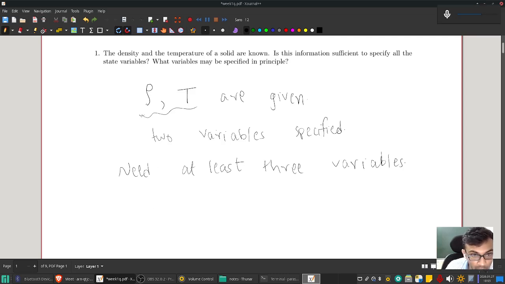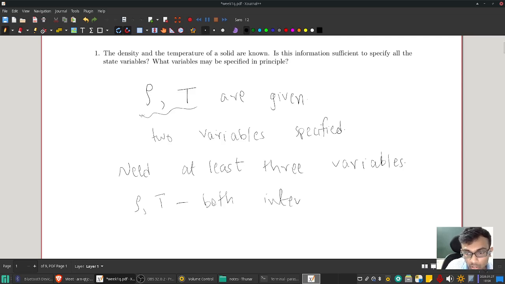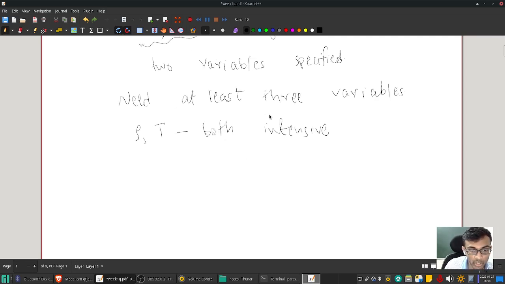Notice that density and temperature both are intensive quantities. Materials have this relation: pressure is a function of density and temperature, or you can write density as a function of pressure and temperature.